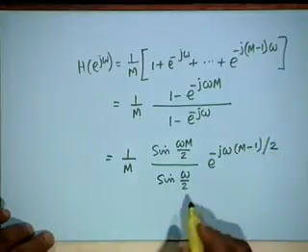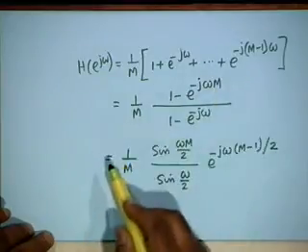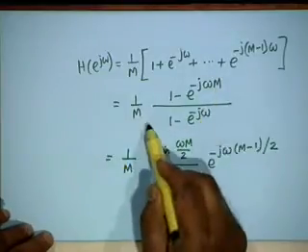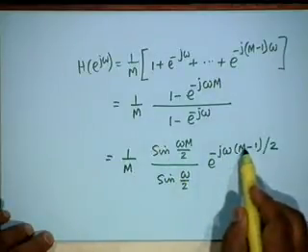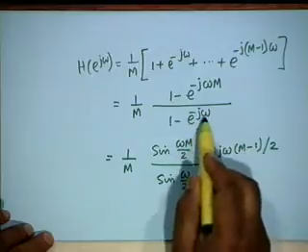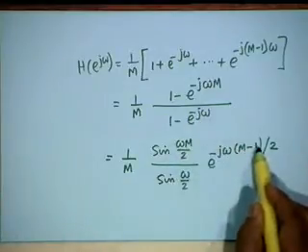I am taking e to the minus j omega M by 2 out and e to the minus j omega by 2 out. So, the angle becomes e to the minus j omega M, and since e to the minus j omega by 2 is in the denominator, it comes as a positive sign here.